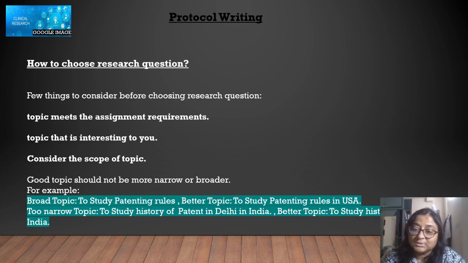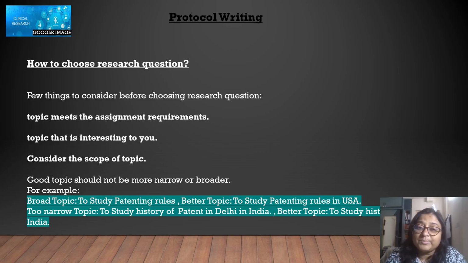For example, if your assignment requirement is to compare the patenting rules between the USA and India, then you will have to be careful about what your research question should be. It should not be something like patenting in India and the EU. It should be focused on your assignment.